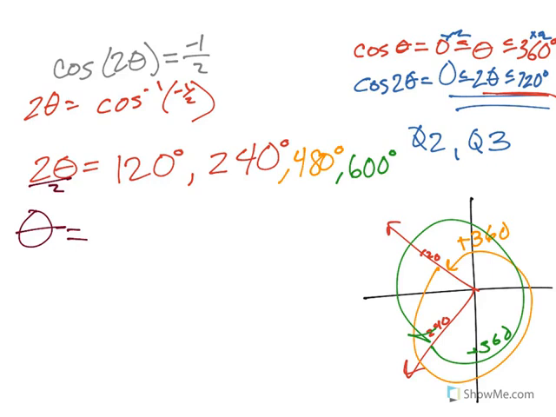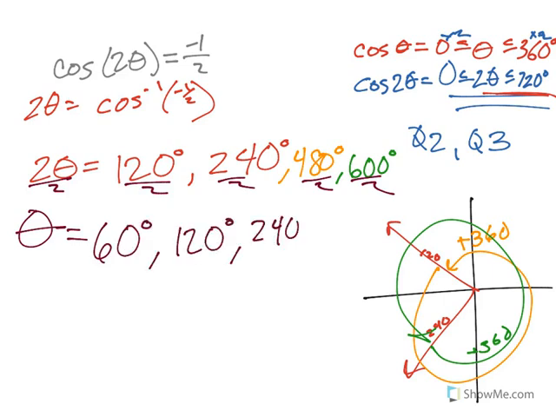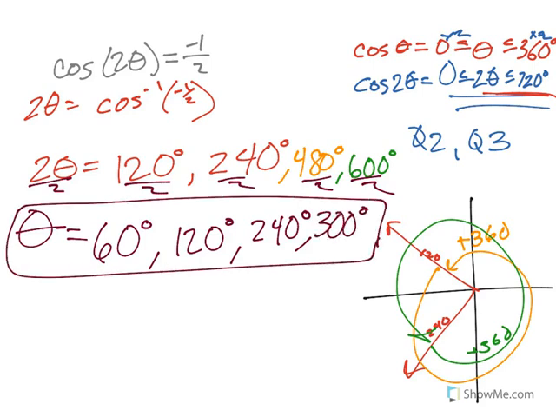Which means to get that, we need to divide everything by 2. So my values of theta are going to be 60 degrees, 120 degrees, 240 degrees, and 300 degrees. There are my solutions for theta, for this particular equation.